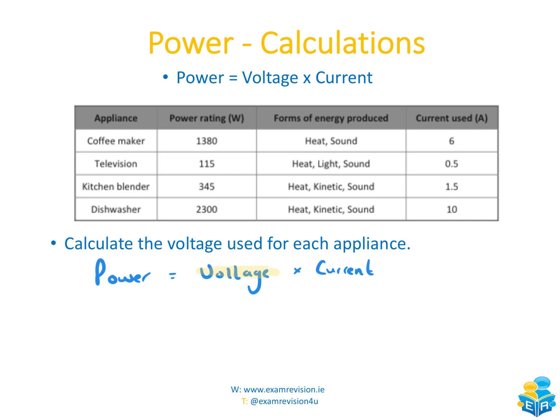We know the power and we actually know the current already. So we want voltage on its own. So if we divide both sides by the current, what we will end up with is that voltage over here is equal to the power divided by the current.